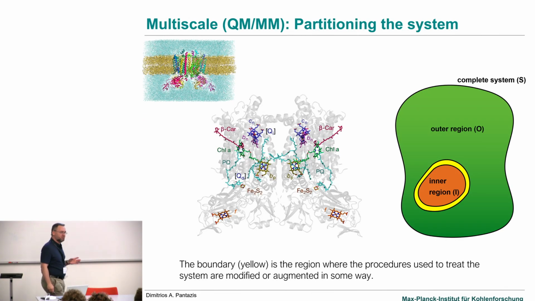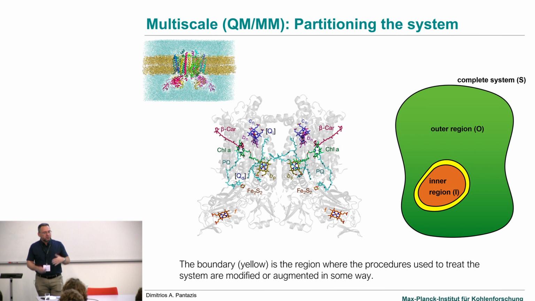So there, QM/MM methods are crucial. For example, there are many cases where it's not even possible to reproduce redox potentials of cofactors that participate in electron transfer unless you have a very good representation of the electrostatics of the protein matrix.